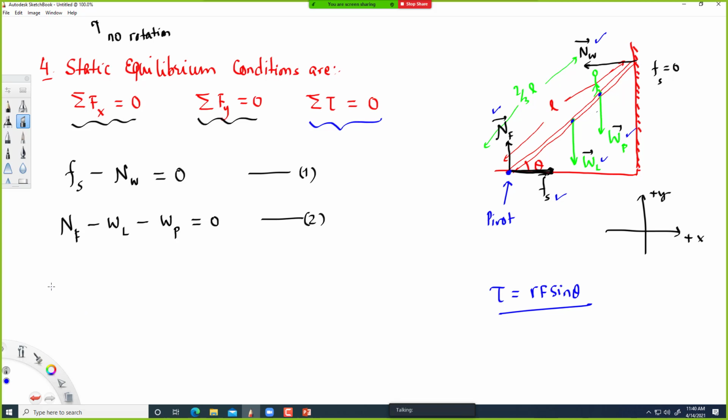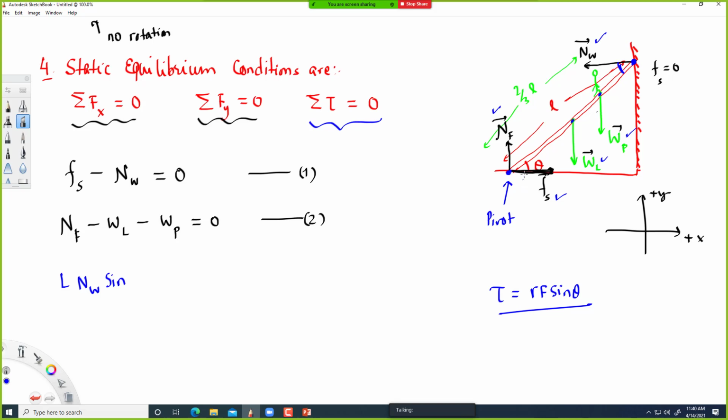What's the distance between this force and the pivot? L, yes. And what is the force? Force is N W. Sine, what's the angle between N W and this distance?